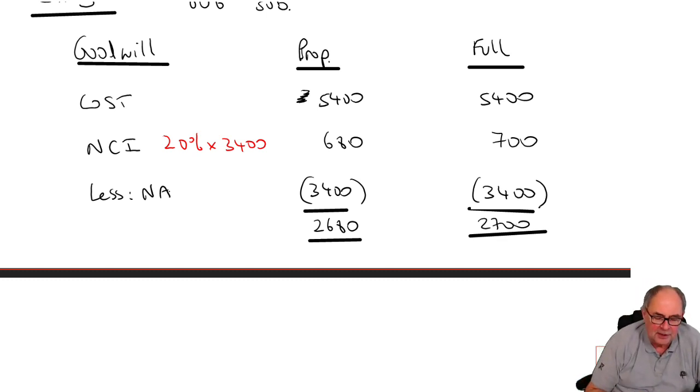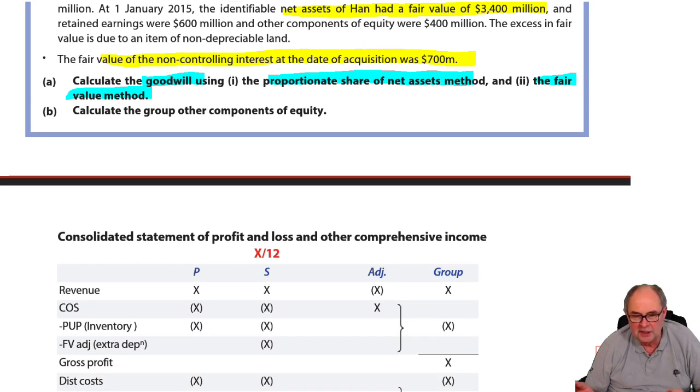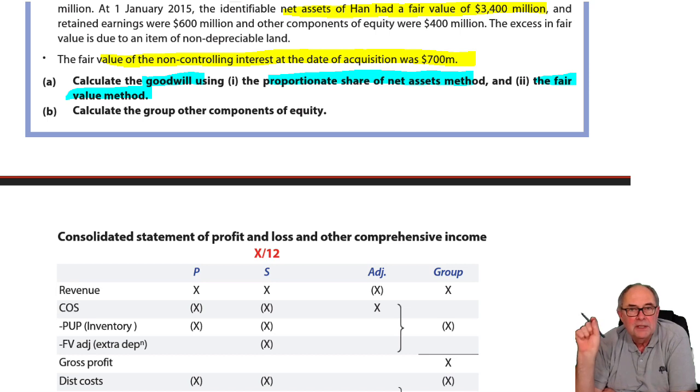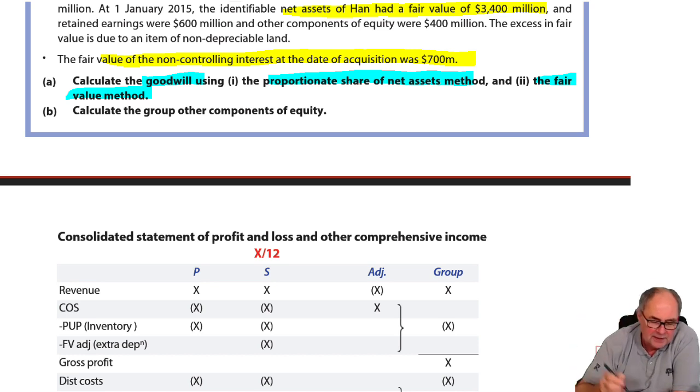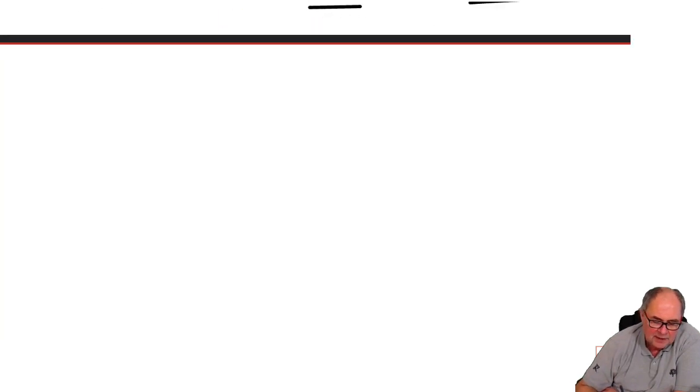What's the other requirement? The other requirement is to do other components of equity. So be careful. Don't start doing net assets left, right and centre. You will not be asked for all the workings. But they want OCE, other components of equity. Remember, other components of equity is a bit like a phrase, other reserves.